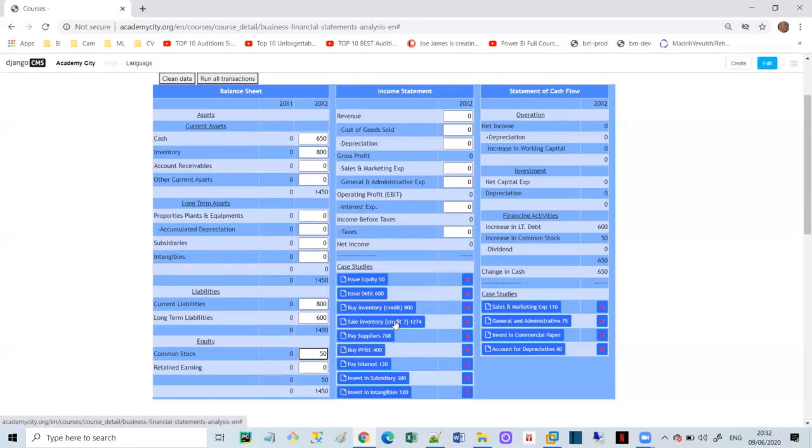So I will do the transactions, I will cancel and redo it so we'll understand all the effects of selling inventory to customers. And the example I'm going to use is that I sold part of my inventory, part of the 800 to customers, and for that inventory, I charged the customers $12.74.